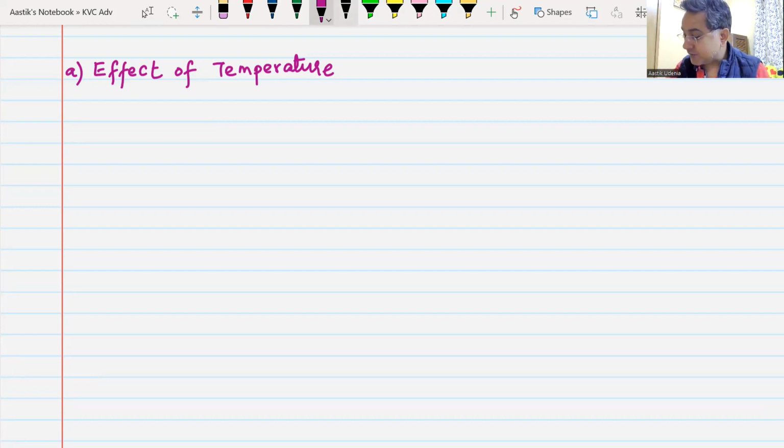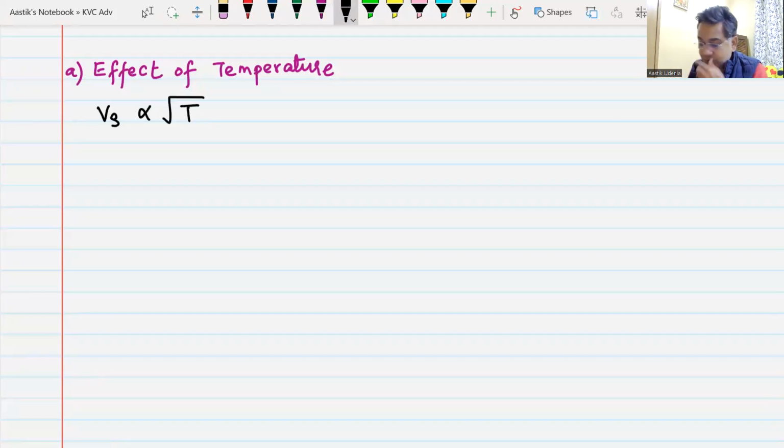What is the effect of temperature on the speed of sound in any gas or any medium or in atmosphere? Speed of sound in any medium is directly proportional to root of T. Yes or no? Remember, this T is absolute temperature, temperature on the absolute scale. Do we understand this? Yes or no?